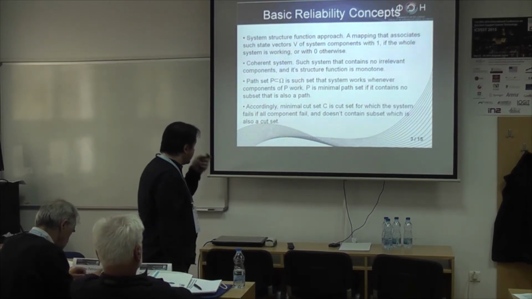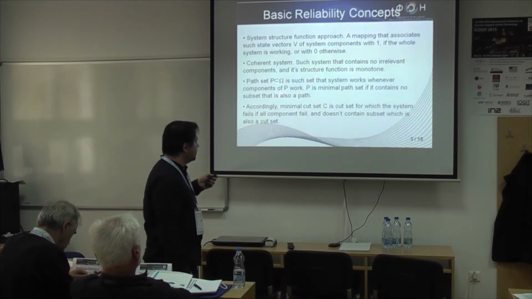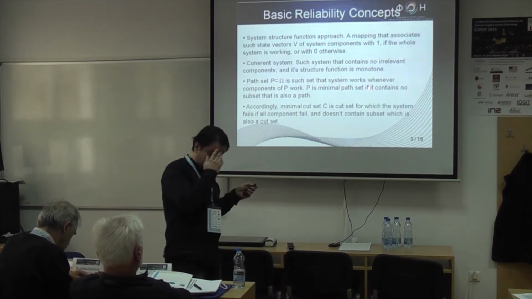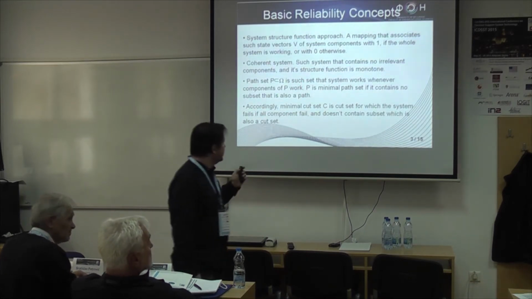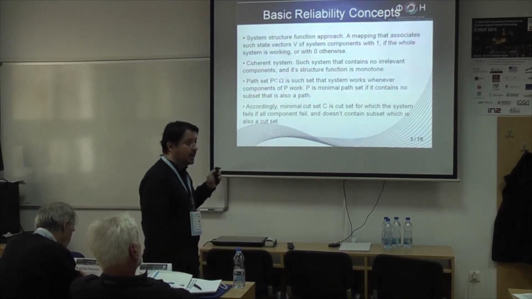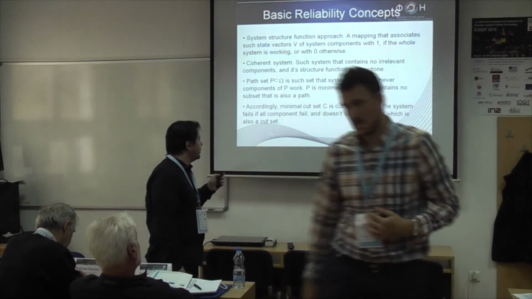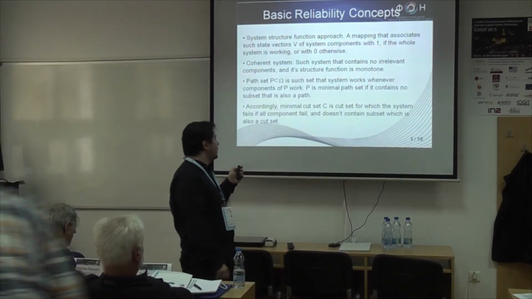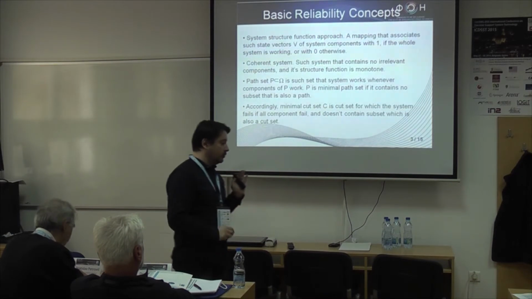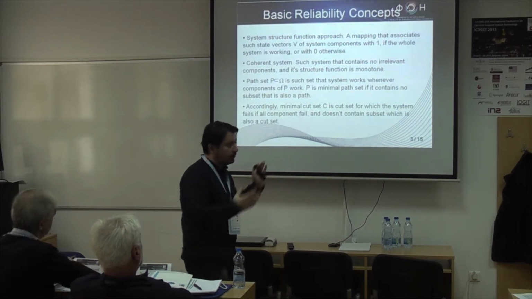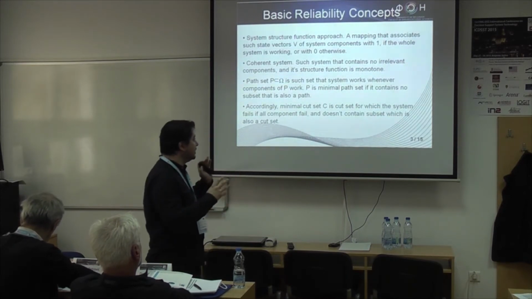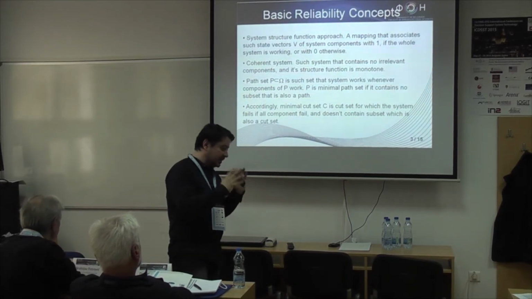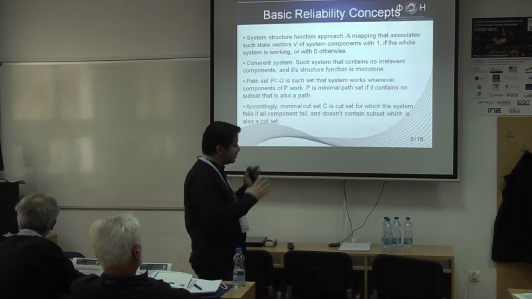Two other concepts that are very commonly used in reliability engineering are path set and cut set. A path set, if we speak in terms of the graph of the system, is every set of components for which the system is working.